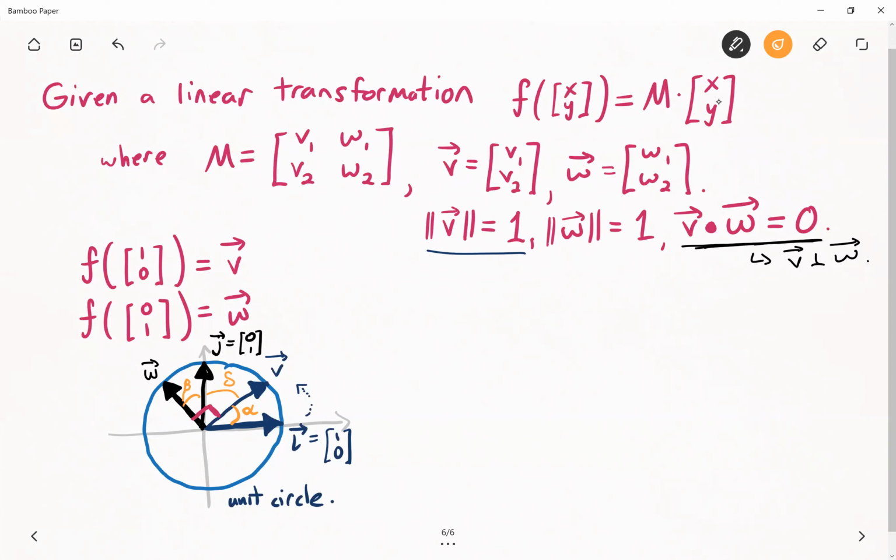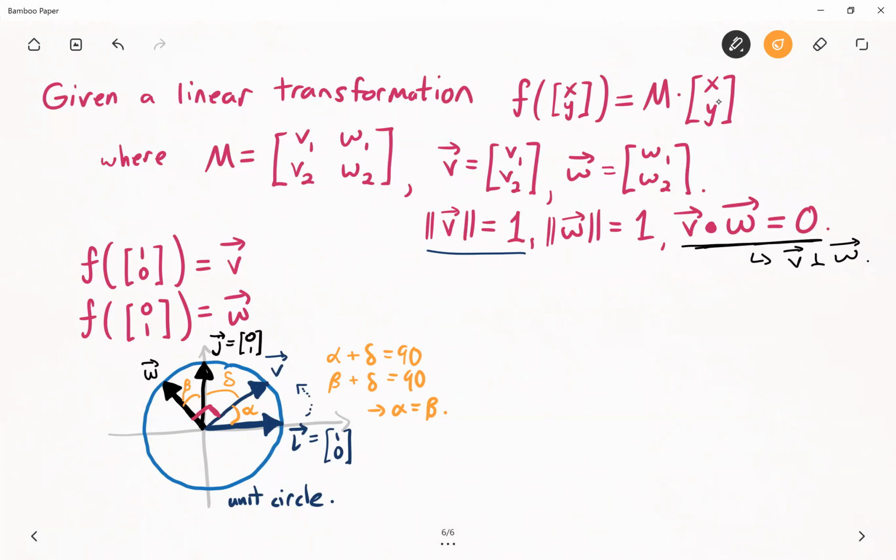Also, beta plus delta must be 90 degrees. So doing some algebra tells us that alpha must equal beta. In other words, these vectors are being rotated by the same amount.